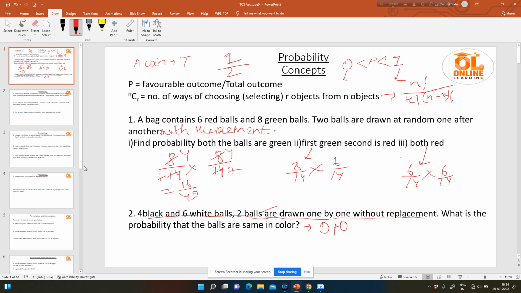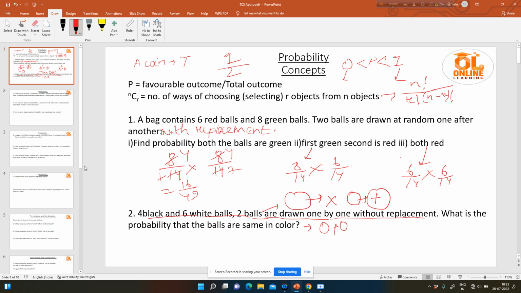Always remember, if there is an and condition, we multiply, and if there is an or condition, we add. Here there is an and condition, that is the first ball is green and second ball is also green, so we have multiplied. First is green, second is red, and we are doing and, so multiply.